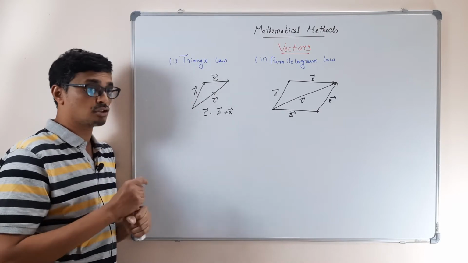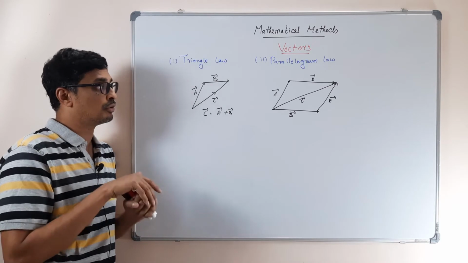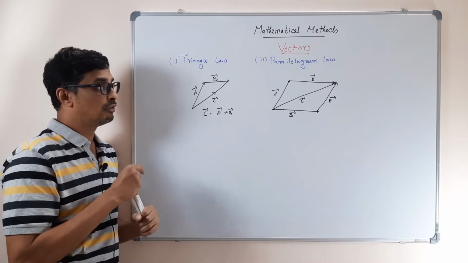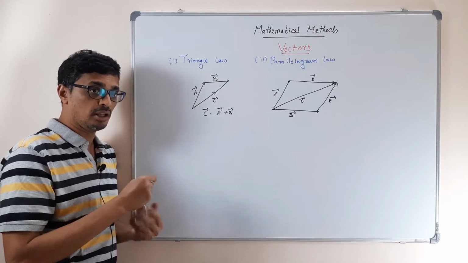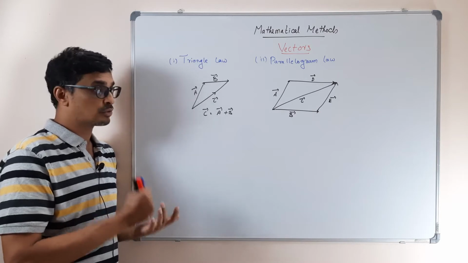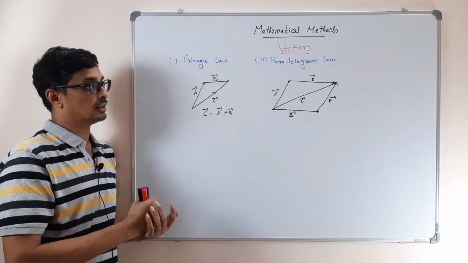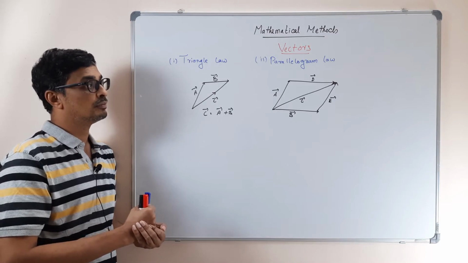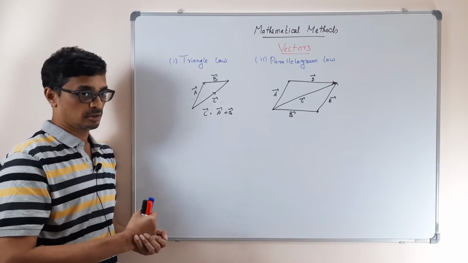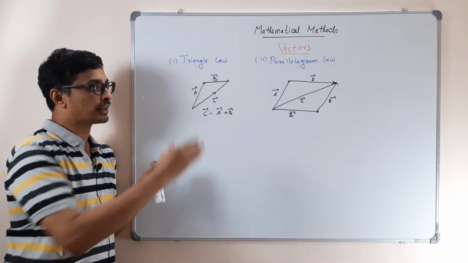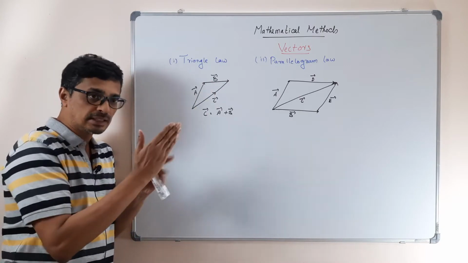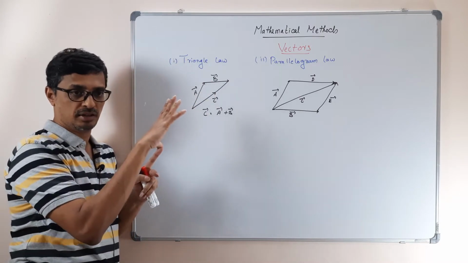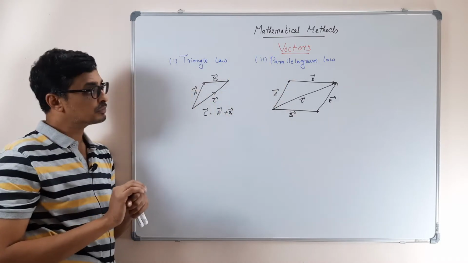Yes, the first definition is that you have to read all those definitions. Equal vectors means they should be equal in magnitude as well as direction. Can you tell me what the equal vectors are here? B vector and D vector, and A vector and E vector. So this is the way. A vector means only a direction and a magnitude. You can draw it wherever you want.